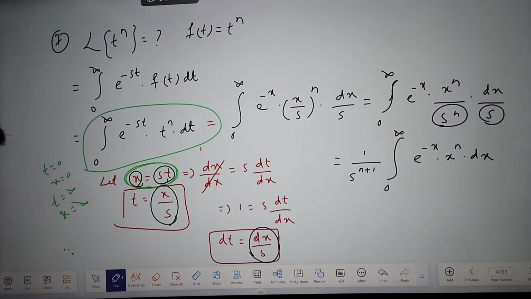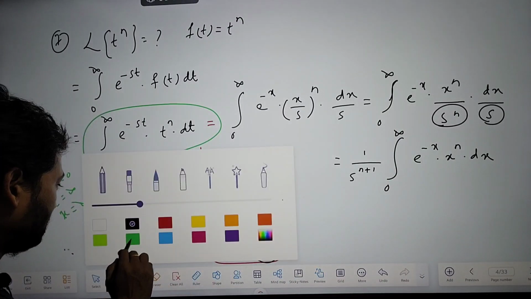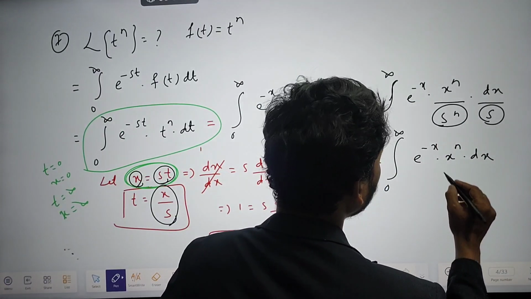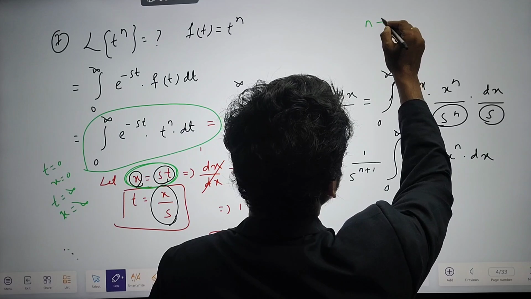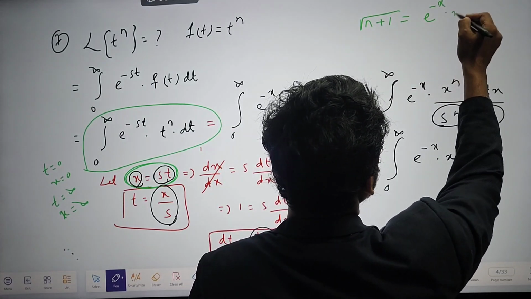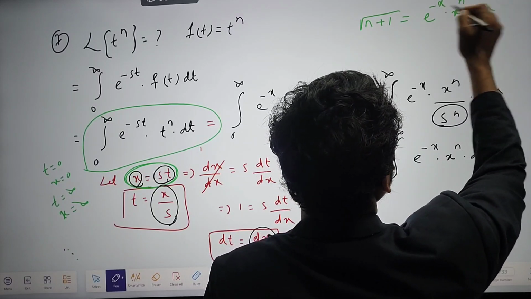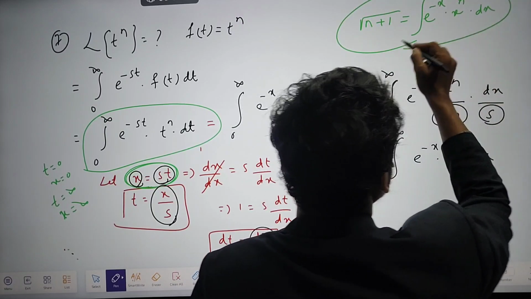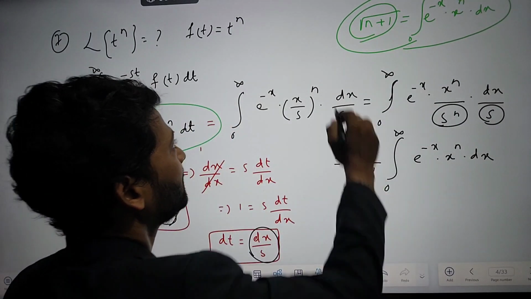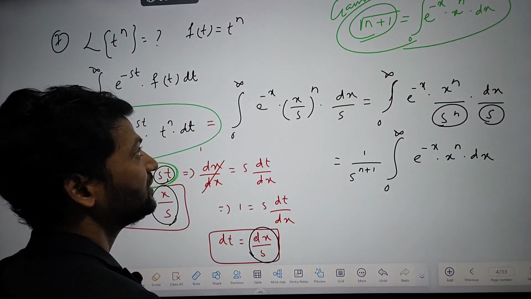ठीक है. ओके. So this function, you know, it's a gamma function. Gamma function of n plus 1 is equal to the integration from 0 to infinity of e to the power minus x into x to the power n dx. So that you should know. इसको बोलते हैं गामा फंक्शन ऑफ n plus 1.